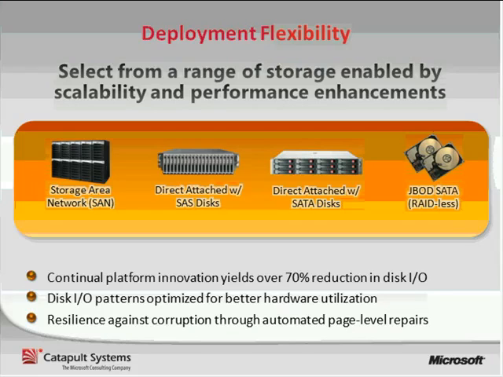Exchange Server 2007 added the ability to use direct attached storage in a clustered Exchange deployment, and reductions in disk I/O allowed for greater freedom in disk choice. There was a 70% reduction in disk I/O from 2003 to 2007. In Exchange 2010, there are additional improvements to performance, reliability, and high availability that enable even a wider range of storage options. 2010 delivers 70% reduction in disk I/O over 2007.